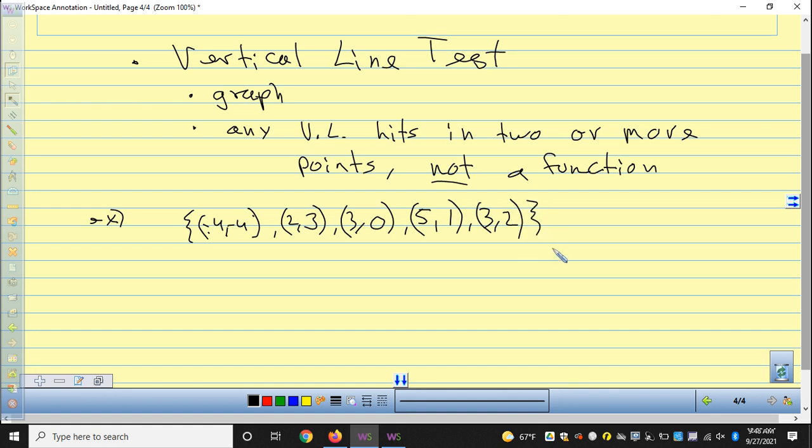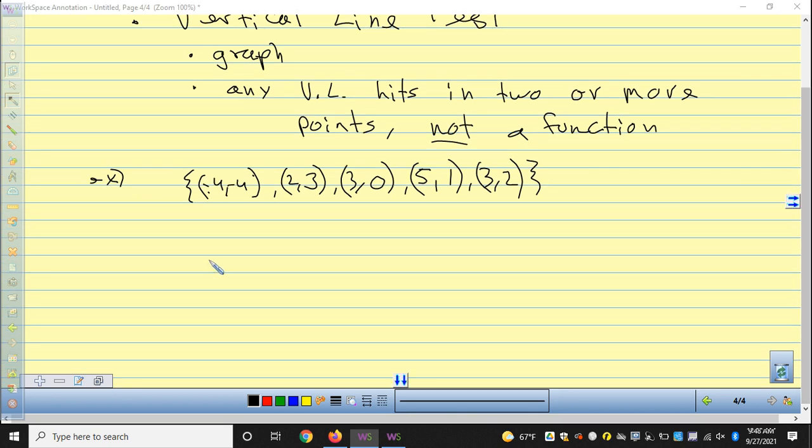Wait, do we know something already? We have a 3 here and a 3 there. That already tells us it's not a function. Well, let's see what this looks like if we plot this on a graph. And they have a nice grid there for you.